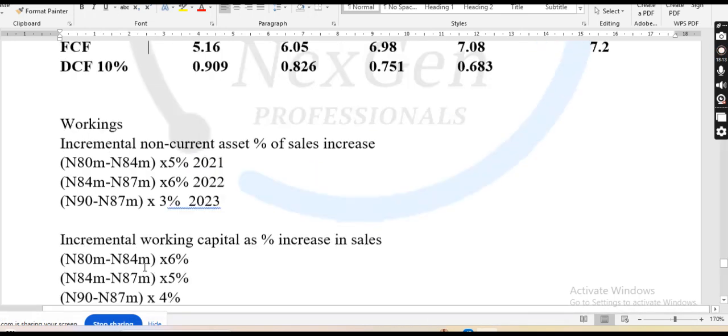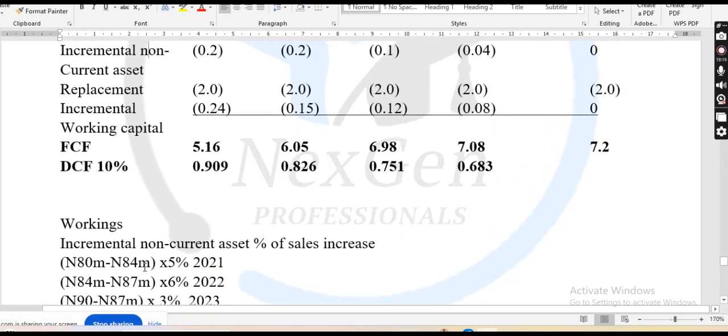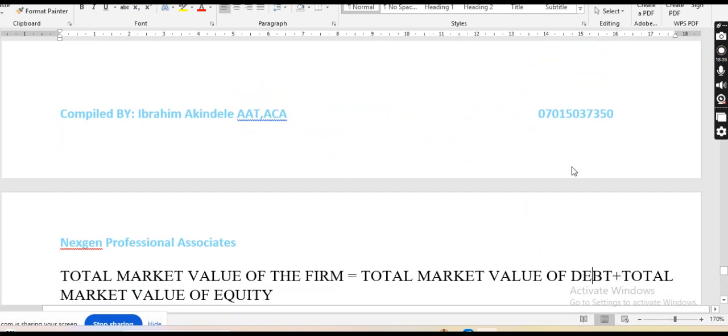If there is no growth, we want to get the DCF. Can we get the DCF when there is no growth? Yeah, we can get the DCF. Why not?